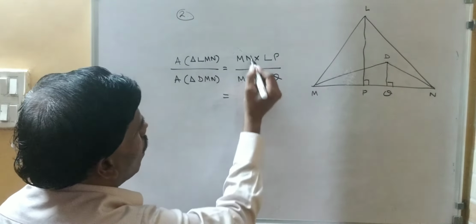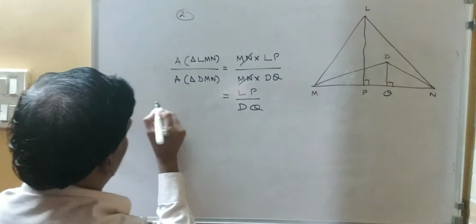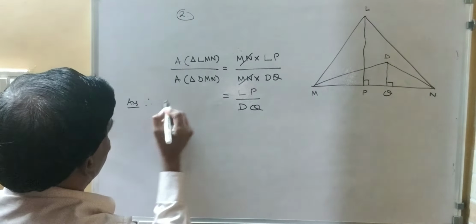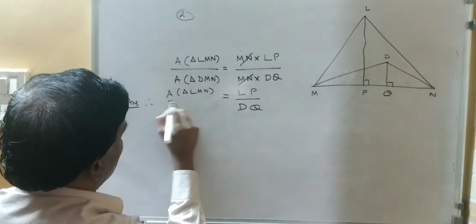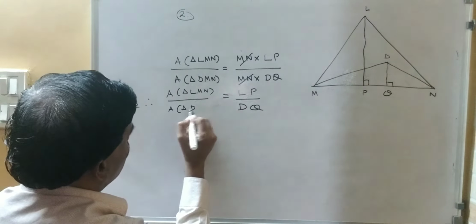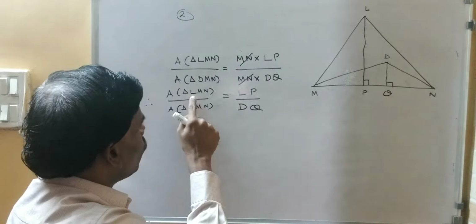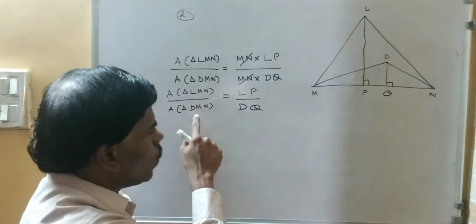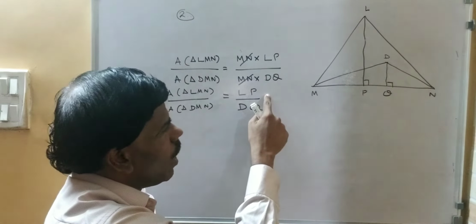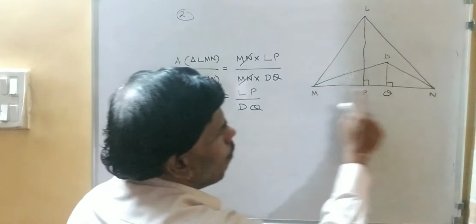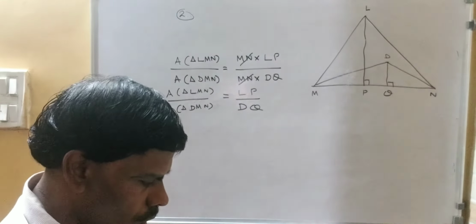See here, MN gets cancelled, so you are getting LP upon DQ. Answer. Therefore, area of triangle LMN upon area of triangle DMN, that means the ratio of triangle LMN to DMN is equal to the ratio of their heights, because the base is same for both the triangles. Okay, next property we have used it.